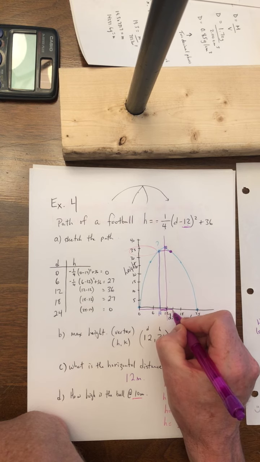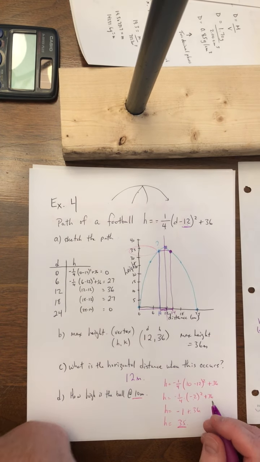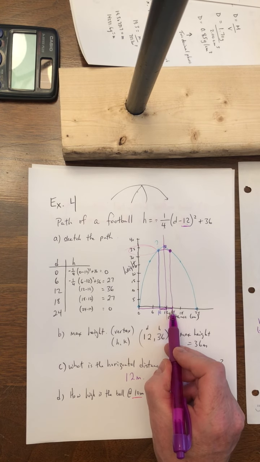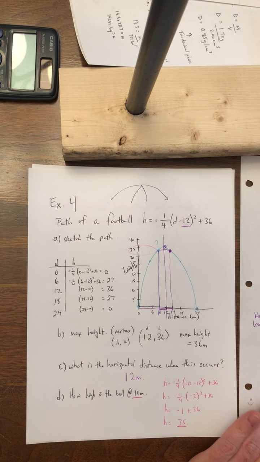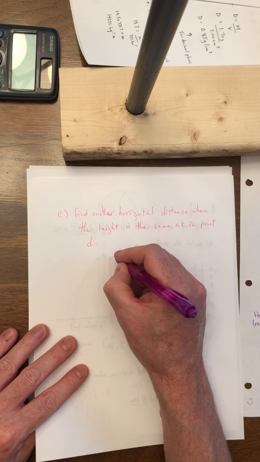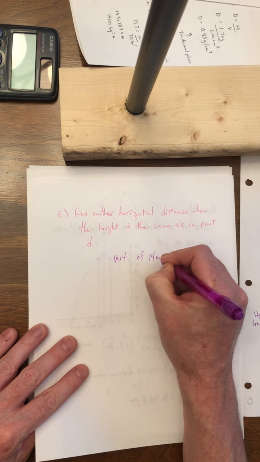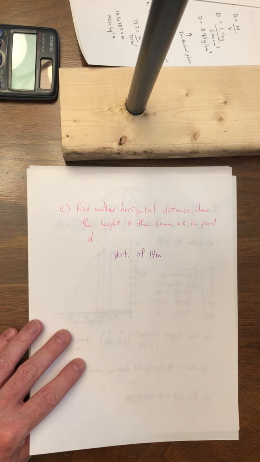So if we go 2 over here, we know it will be at the same height, at a horizontal distance of 14 meters as well.